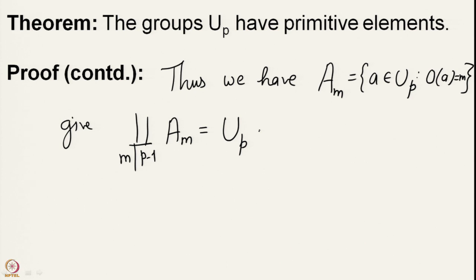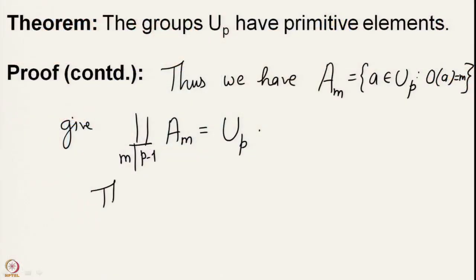The disjoint union of all these Am cannot have any intersection with a different Al, because in Am the order of the element is m, in Al the order of the element is going to be l, and if you have any element in common, it will say that the order of the element is both m and l, but that can't happen if m is not equal to l.